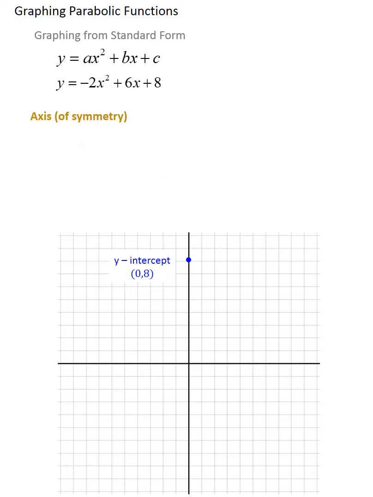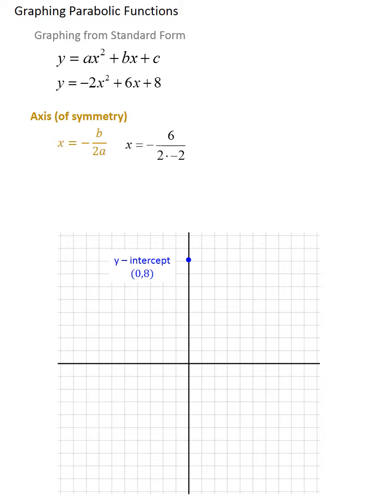Next, let's go about finding the axis of symmetry. Here's a formula that you can use to find the axis of symmetry. Why this formula was created, why it works, or all the mathematics behind it is beyond the scope of this video. I would say memorize that formula. That's how you find the axis of symmetry. There's a much bigger backstory that we won't go into here.